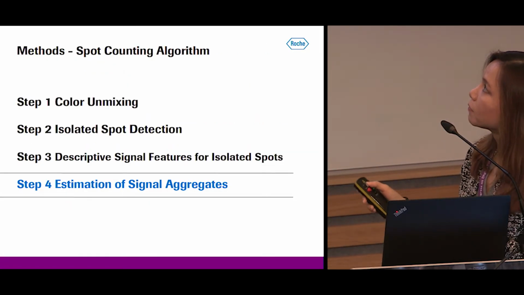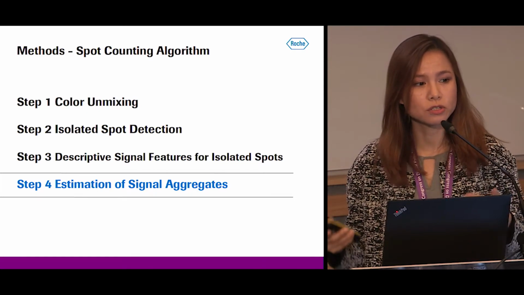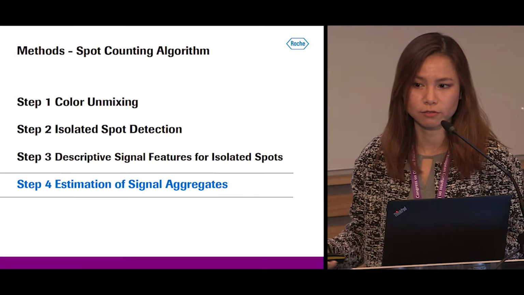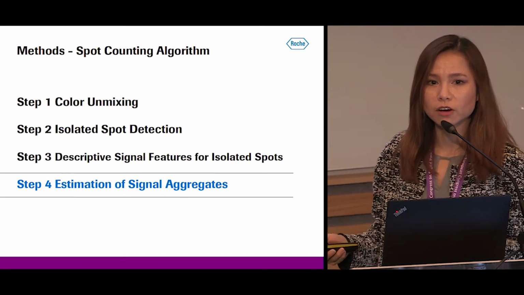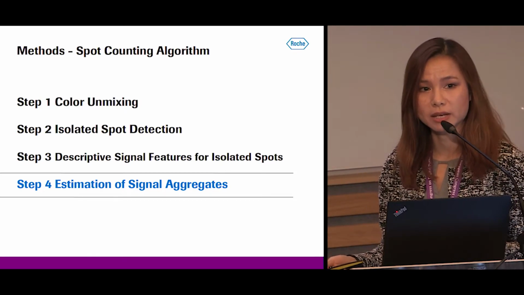The output from the previous step of the signal features can be used to estimate the total number in the signal aggregate region. This is the most difficult part because of the clumped signal, which is very hard to estimate, how many dots are in there.